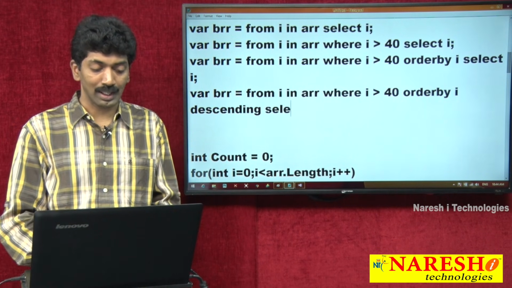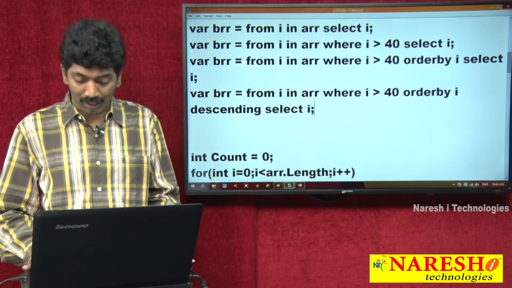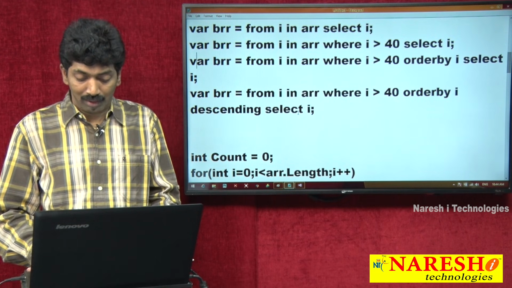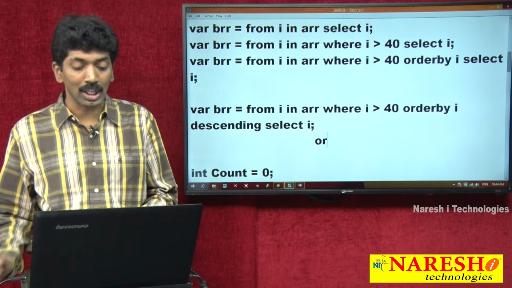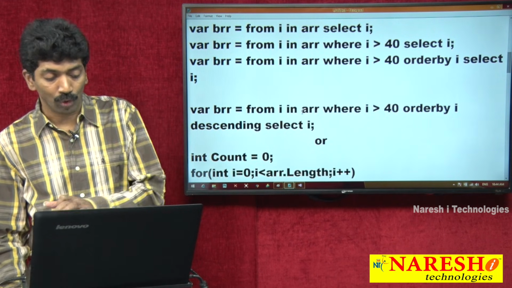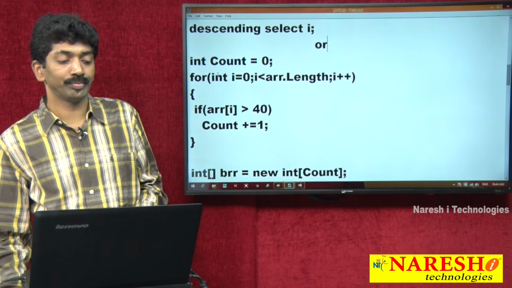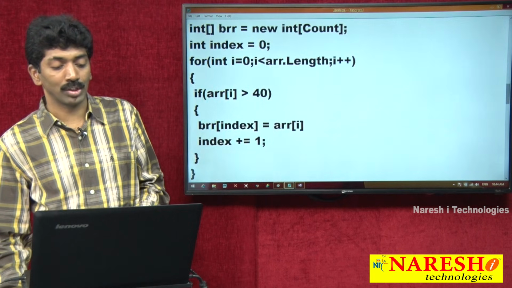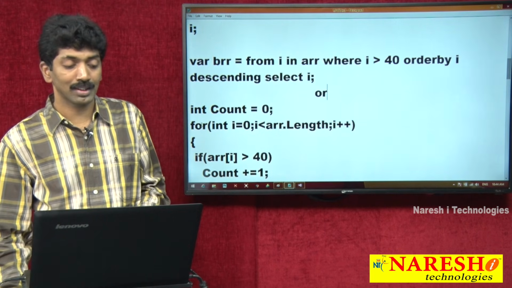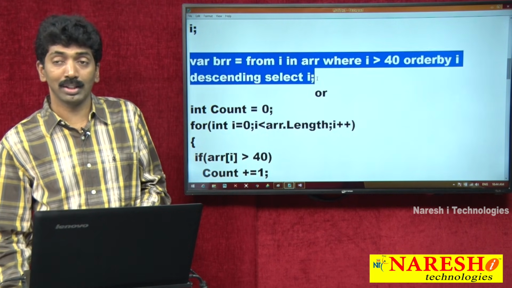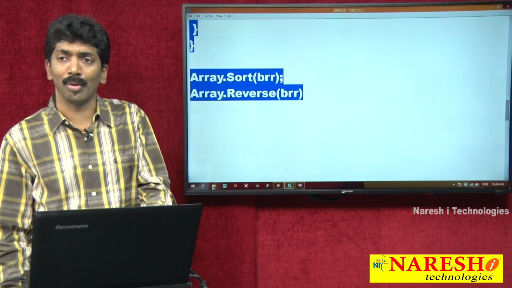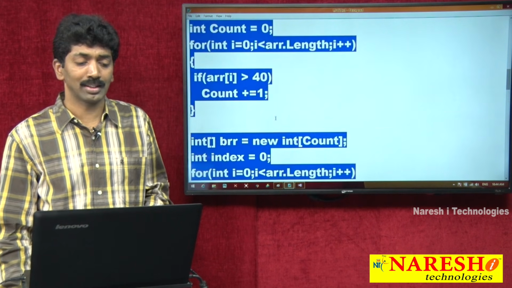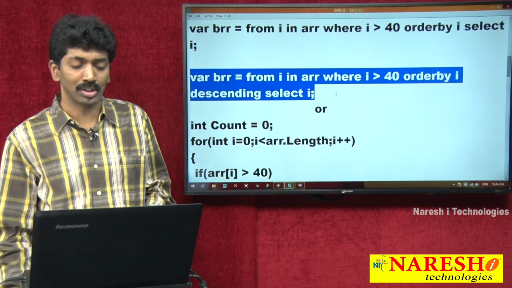Finally, select I. Now, if you understand, the last query I have written here is equivalent to the whole code I showed you. Now the choice is ours, whether to write a query like this or to write all that very complex code. You can simplify this and do it with a simple statement like this.